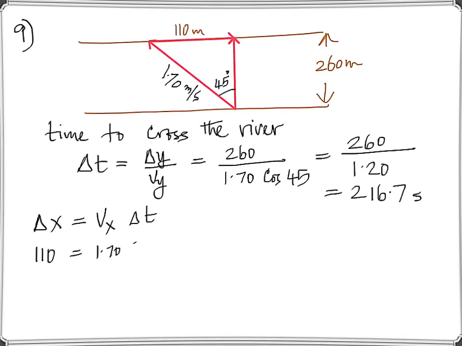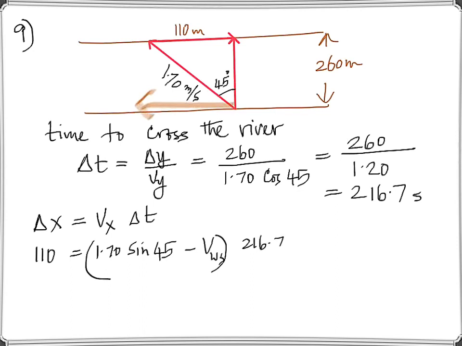Now, considering the x-axis, it's given that it's 110 meters away. And now the velocity, we've got to be careful here. Now the velocity is 1.70 meter per second, which is this way.